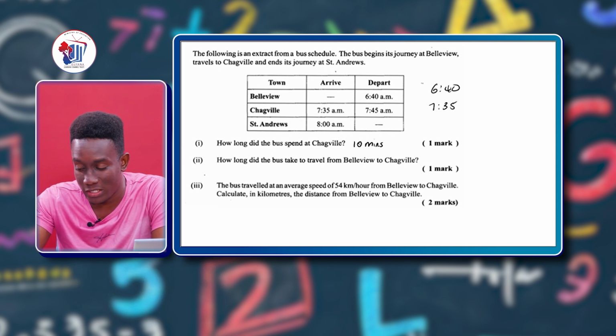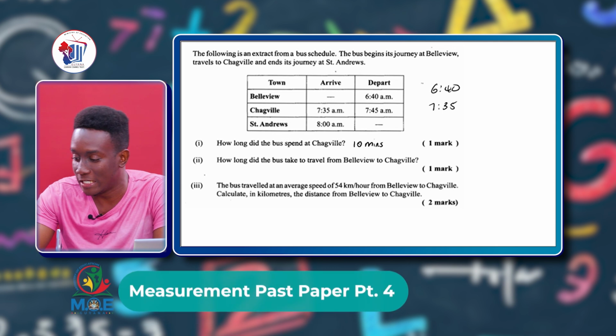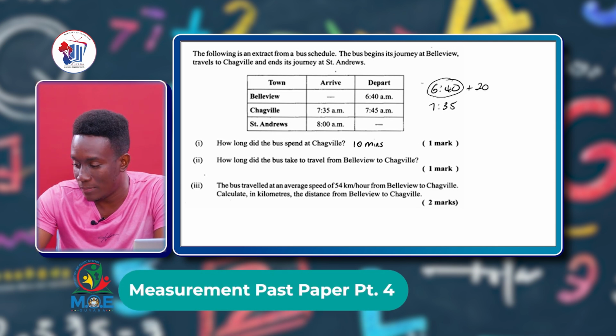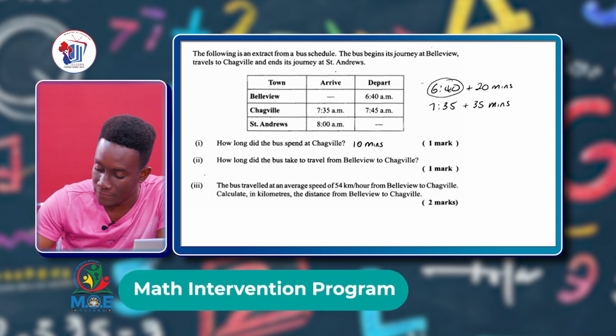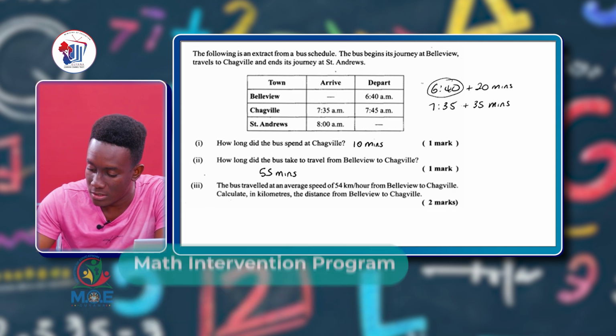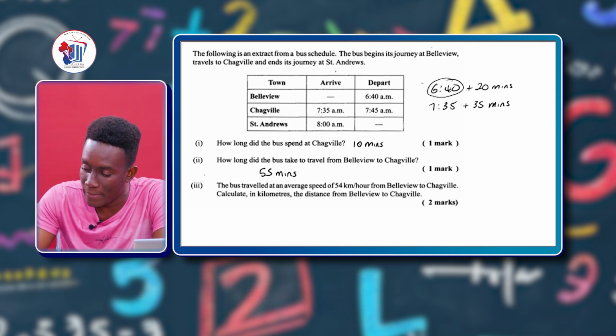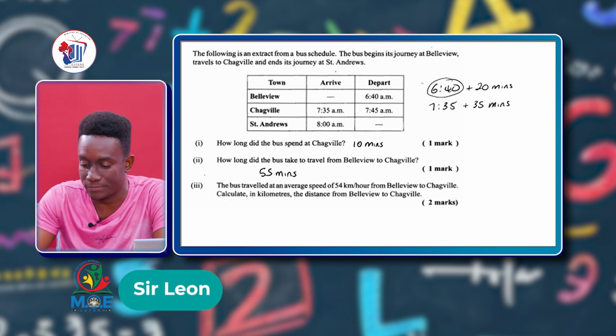So let's think about it just like how we think about time. If we add 20 minutes here, that would take us to 7 o'clock. And then if we add 35 minutes, that would take us to 7:35. So the bus took 55 minutes to travel from Bellevue to Chalkville.